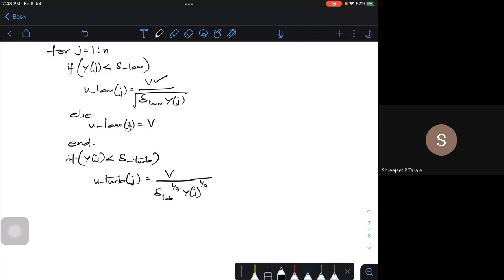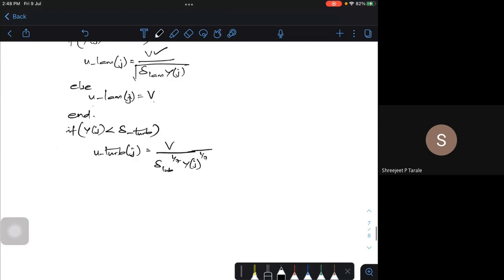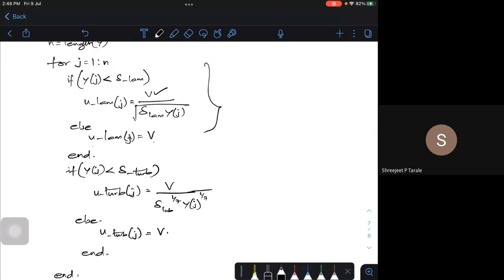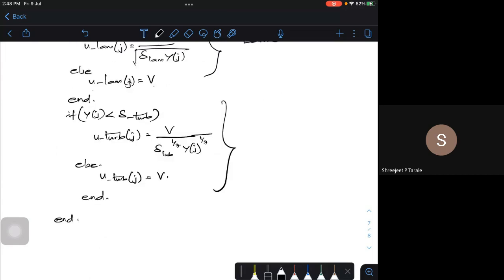Else, u turbulent of j is equal to V. Then I put the end for this if condition, and the end for the for loop. So this is for laminar and this is for turbulent.